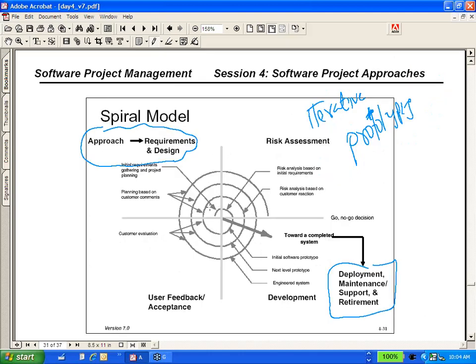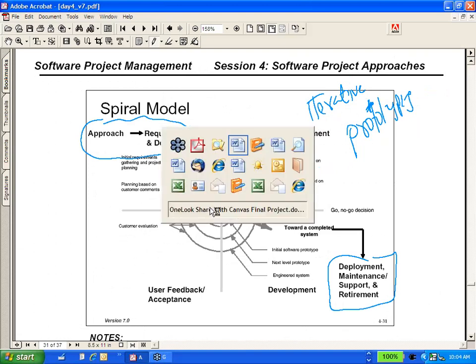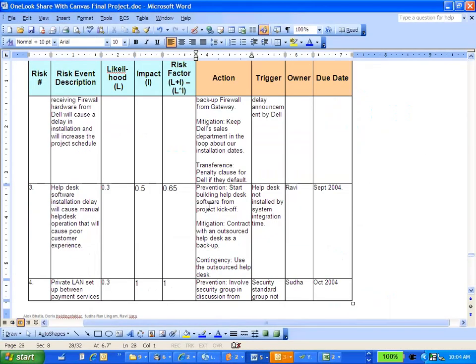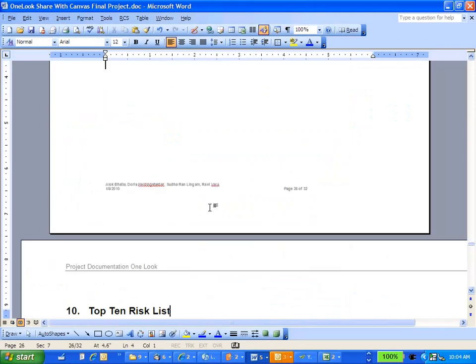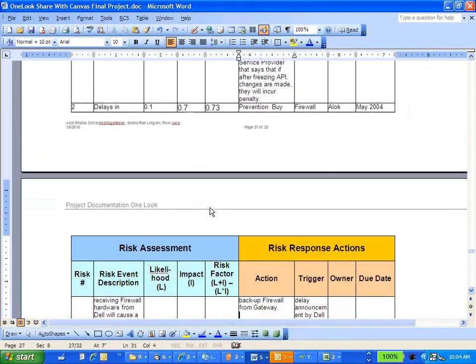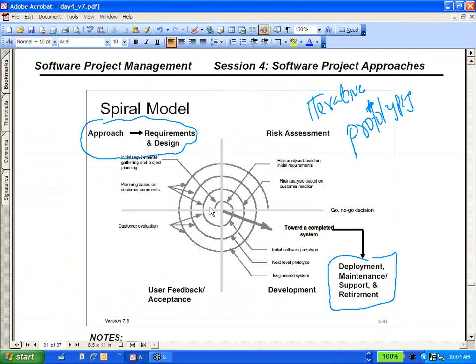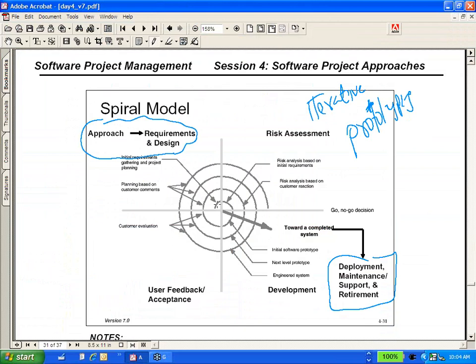In a risky project, you identify all the risks in a risk table. And then you start doing prototypes. You say, okay, I'm going to do a prototype to make sure that the risks we identified can be dealt with.